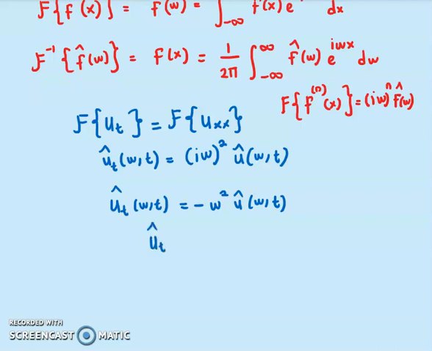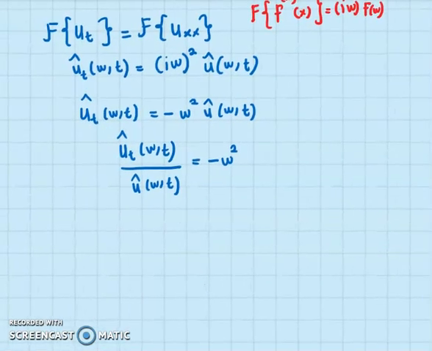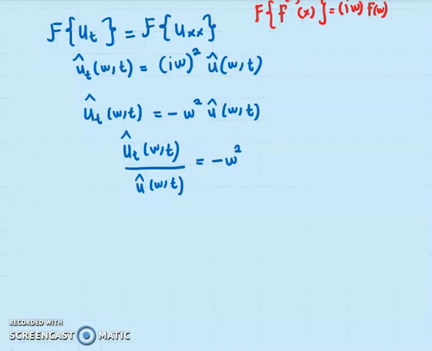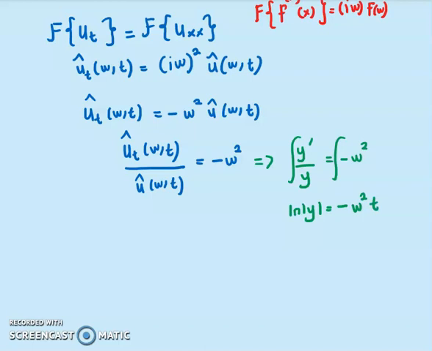So separating the variables, in other words, I can treat this as y prime over y equals negative omega squared. Now integrating this will give me ln y equals negative omega squared t, because it is with respect to t here.